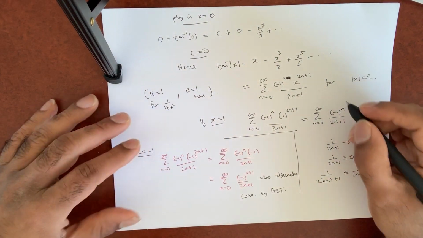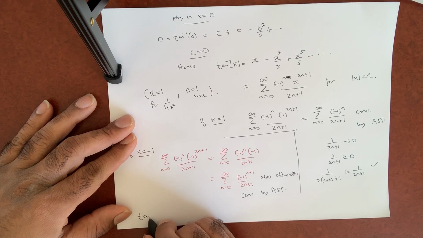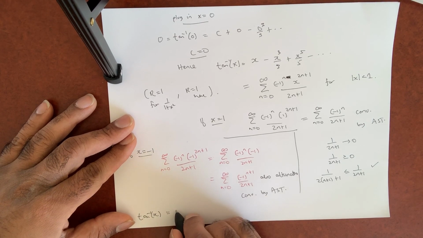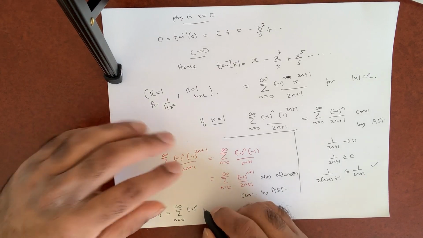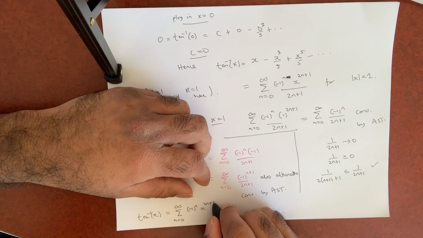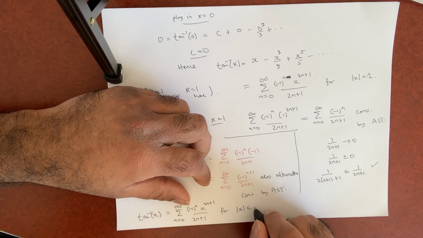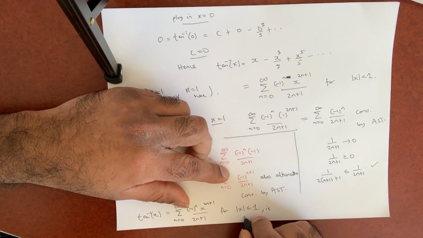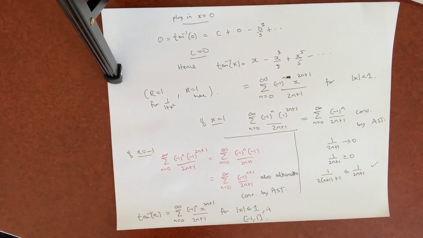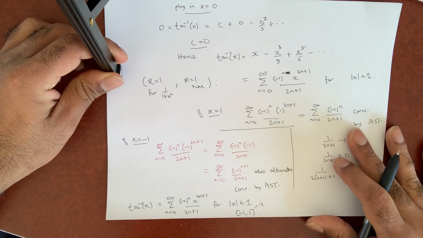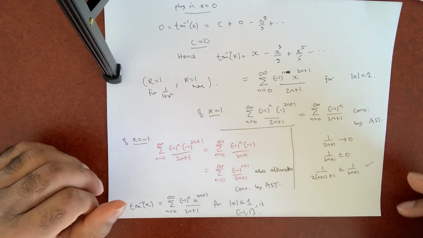So tan inverse of x is equal to the sum of negative 1 to the n, x to the 2n plus 1 over 2n plus 1, for absolute value of x less than or equal to 1, i.e. on the closed interval negative 1 to 1. Okay. All right, so this was an example of integration and finding the interval of convergence.